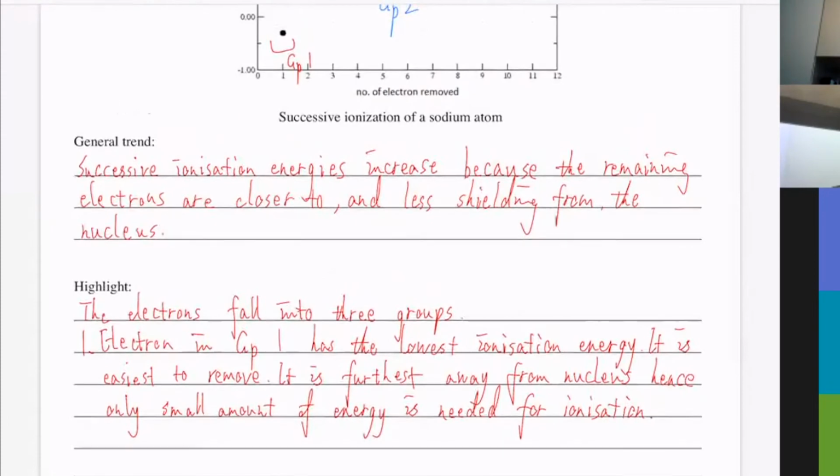Those 8 electrons are getting closer to the nucleus, hence we need more energy to remove them.